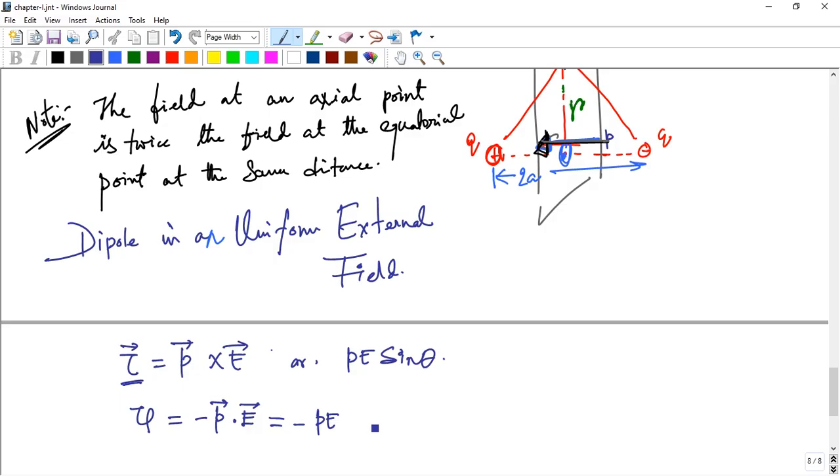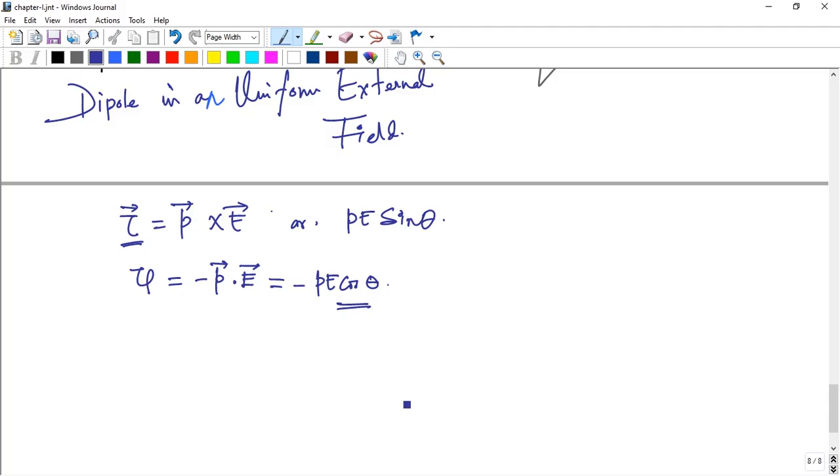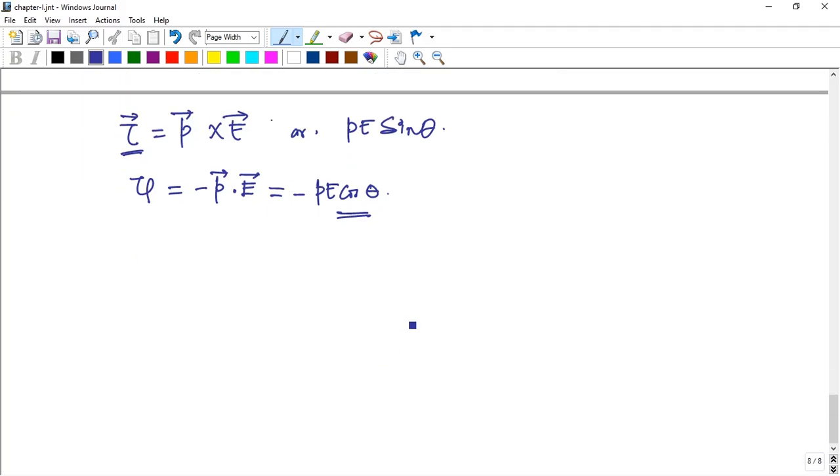So U is equal to minus PE cos theta. Now consider states of equilibrium. For stable equilibrium, theta is 0 degrees, cos 0 is 1, so the potential energy is minus PE.